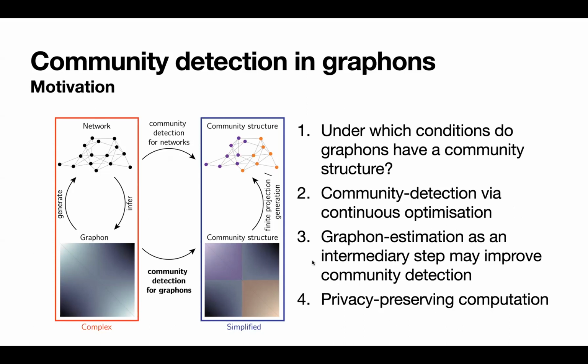We also found that graphon estimation as an intermediary step may improve the community detection on the network. And lastly, we want to argue that community detection on graphons is also a privacy-conserving computation of community detection in a network. I'm going to touch on all those motivations throughout my talk to make them a bit clearer.